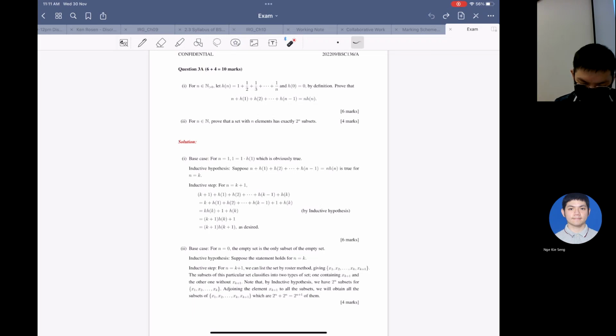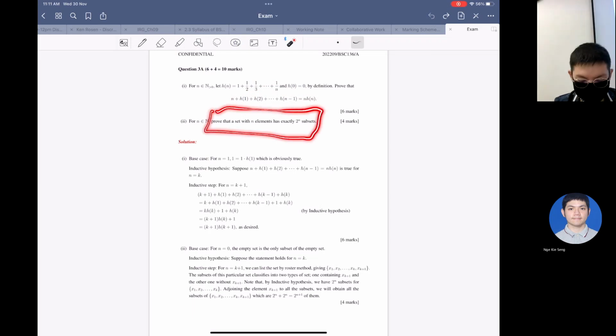3A is about induction proof. Both of these questions can use inductive proof. But for both of these questions, some students don't use inductive proof, but it's fine. For example, they prove this for general cases. They just look at the general formula and then show that you can write it in the n-choose-k form.